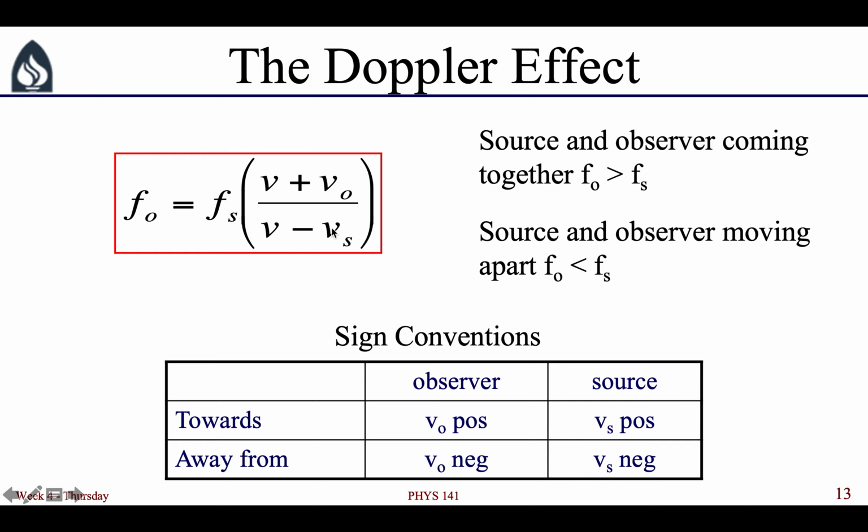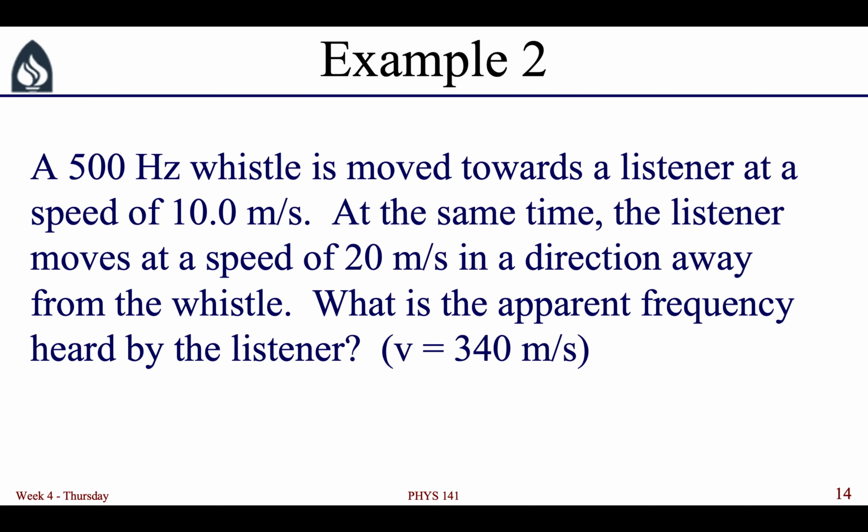You should be plugging a negative number in for v sub s. And it could be true that both the observer and the source are moving, in which case you would have to see whether the observer is moving towards the source or away, and whether the source is moving towards the observer or away. So next, let's look at an example problem where we can calculate this Doppler shift.